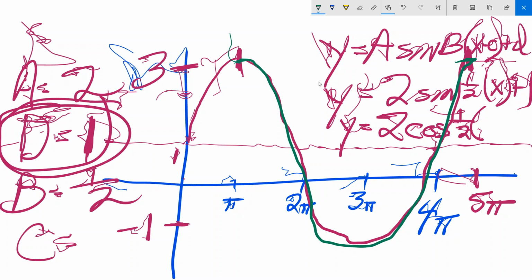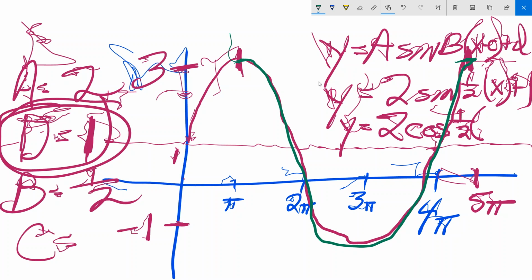Actually, yeah. No, you're right. The green is shifted. No, it isn't. Why am I all of a sudden having a brain lapse here? Because I haven't done trig in a while. Let's see.